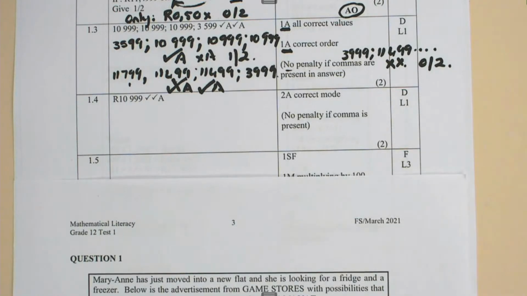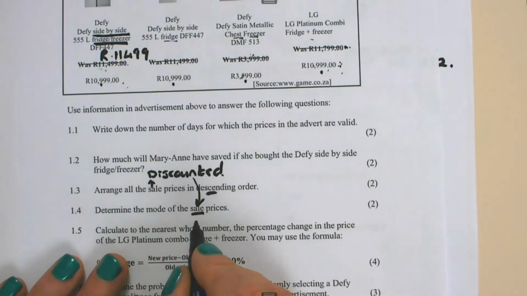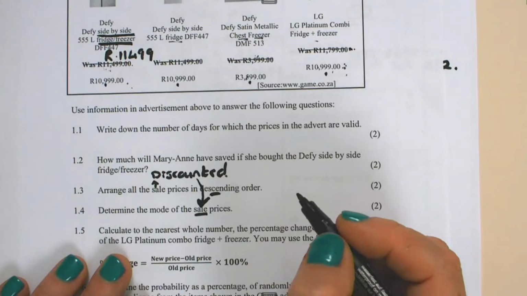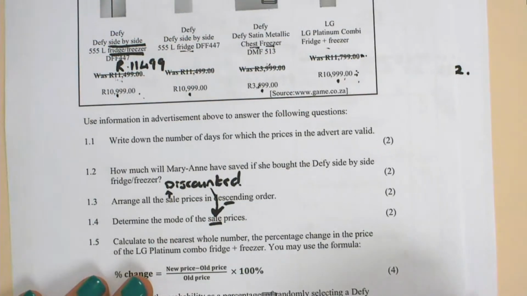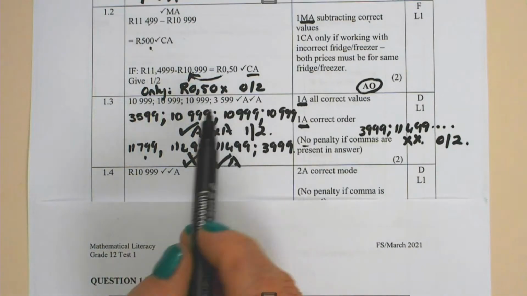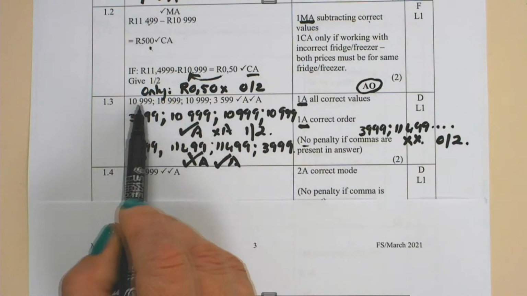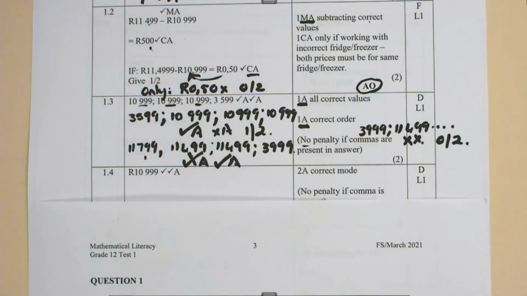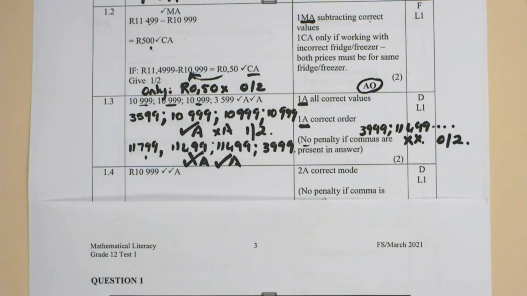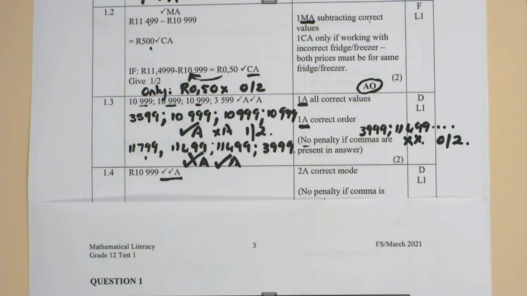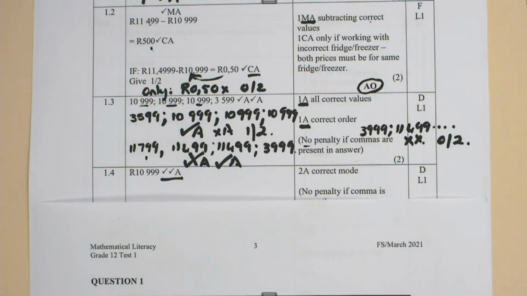At 1.4, they then ask the learner to determine the mode of these sale prices, these discounted prices. Now, if we look at the mode of the discounted prices, it is very clear that the price that is repeating the most is 10,999 rand. So that gets 2 marks immediately for being accurate.